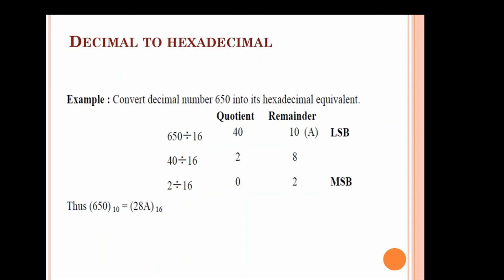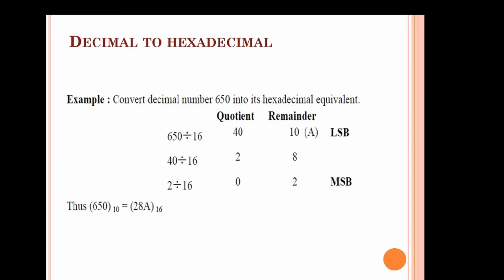Again, take that quotient as a fresh number, and divide it by 16. The quotient is 2, the remainder is 8. Then again take the quotient. Now here the quotient is 2, it is not divisible by 16, so the quotient for this division is going to be 0 and the remainder is 2.